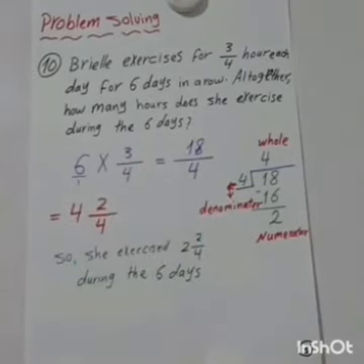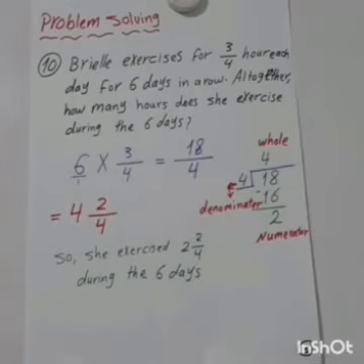Then what will I do to know how many hours? I'll convert the fraction greater than 1 to a mixed number. So 18 divided by 4, I will go to table 4 to see something closer to 18 but smaller than it.